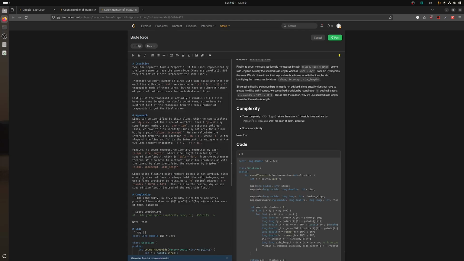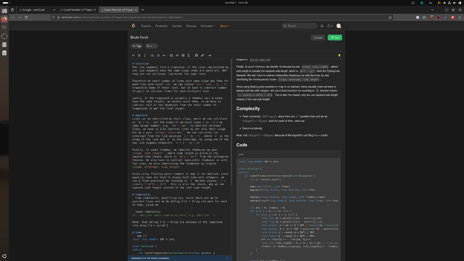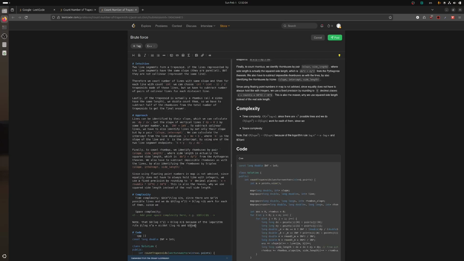Note that this holds because of the logarithm rule: log n to the a is equal to a times log n if a is a constant. Great.